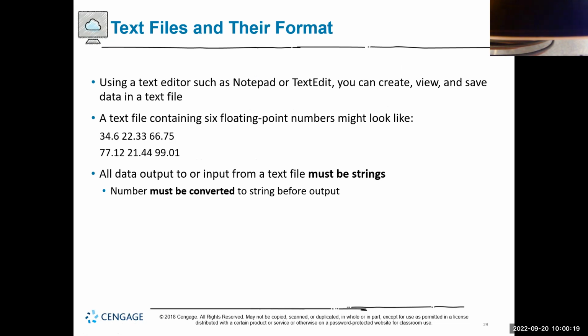But one thing you have to remember when working with the text file is that any data in the text file is always in string format. So what happens here? If you want to store a number into the file, the first step is you have to convert it to string format to store it in the file. And if you want to read the number from the file, you also have to convert it back to a number for processing.